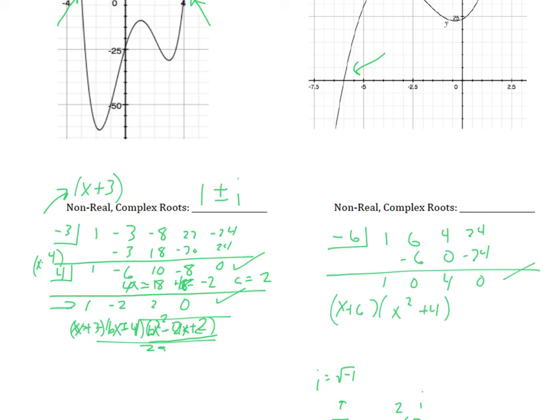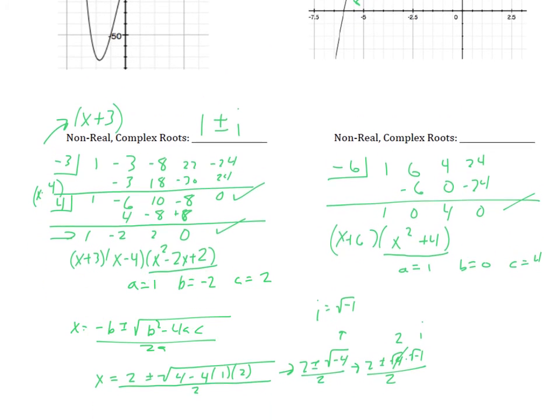So this is what we've got, and we can use the quadratic formula to figure out what the solutions are to this factor x squared plus 4. A is 1, B is 0, and C is 4. So, x equals negative b, so in this case it's just 0, plus or minus the square root of b squared.